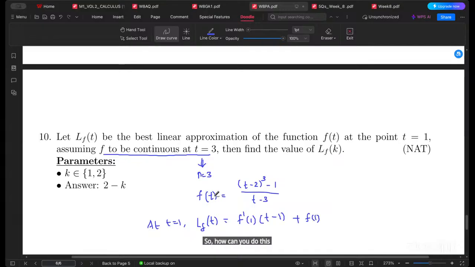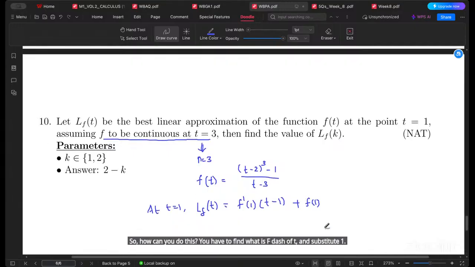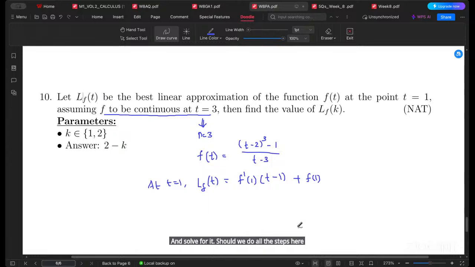You have to find what is f dash of t and substitute 1 and solve for it. Should we do all the steps here, or do you want to give it a try? You have to use the u by v formula here. What is the derivative of u by v? v du by dx minus u dv by dx, the whole divided by v square. So you apply this formula and compute what is f dash of t.